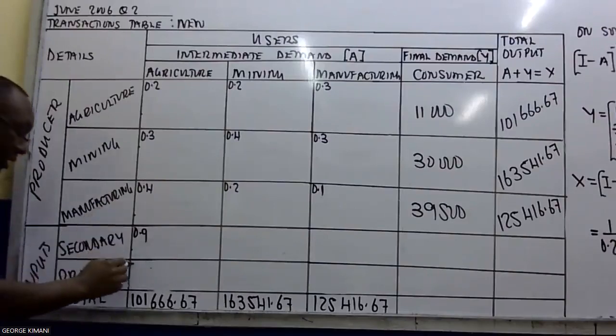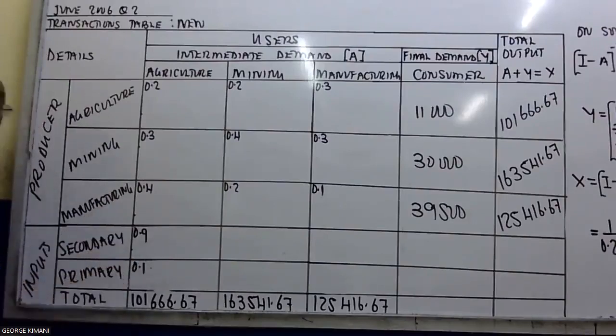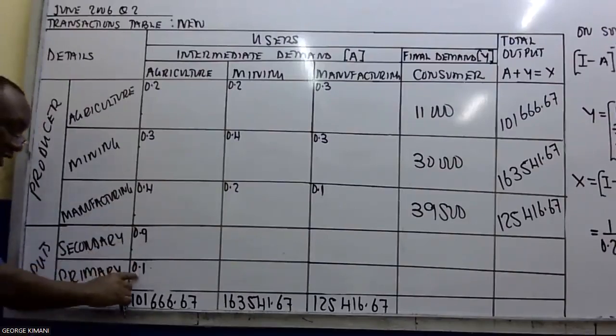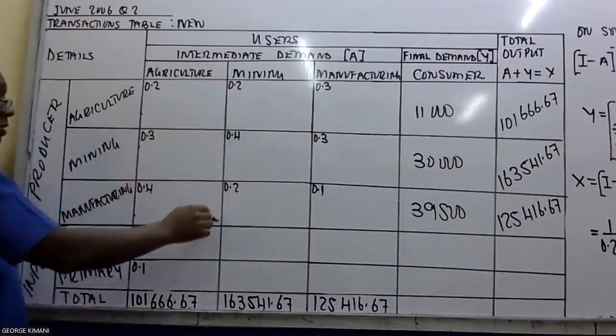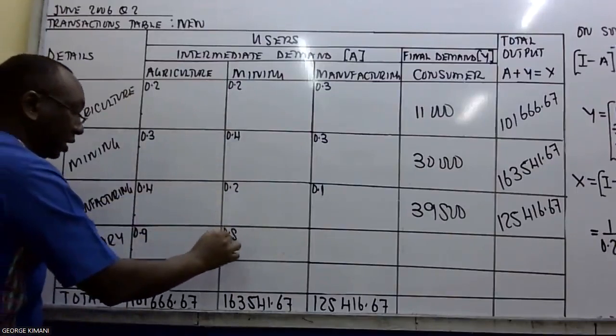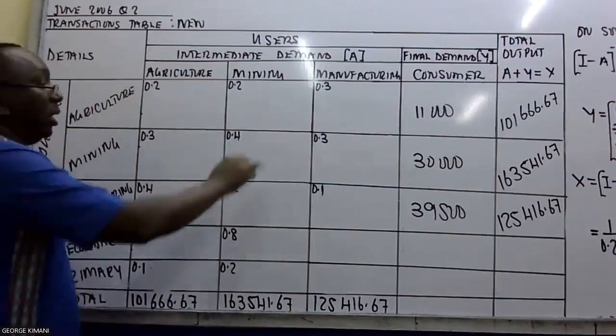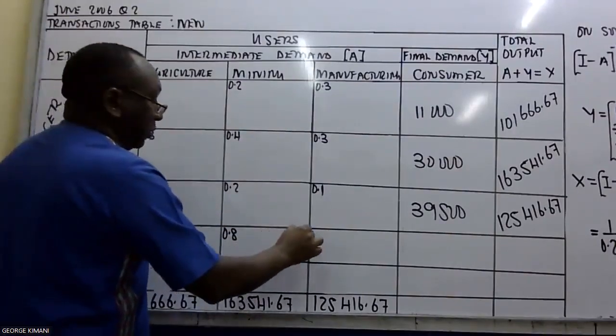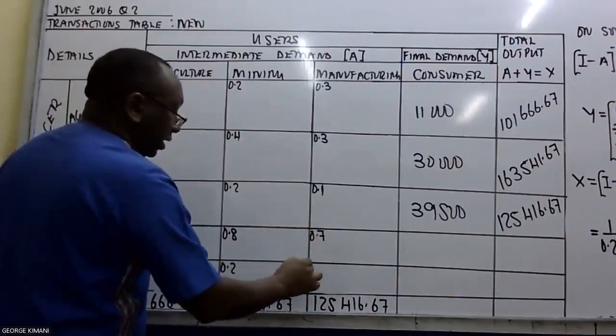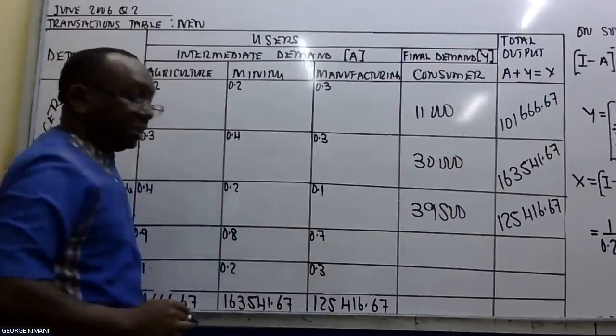So what remains here? 0.1. So now if you add this to this, it gives you 1. If you come here, you do the same. That would be 0.8. The balance here is 0.2. When you come here, this will be 0.7. And the balance is 0.3.